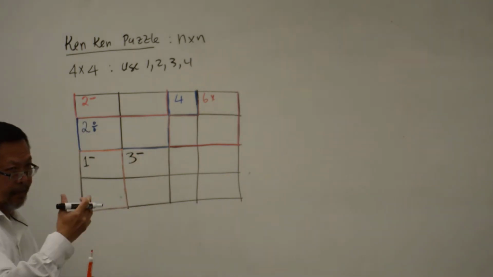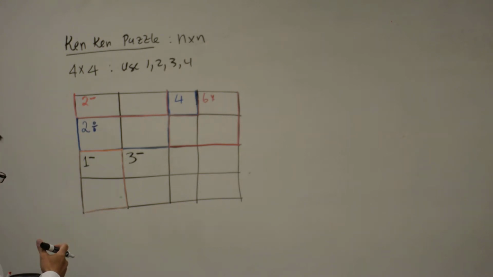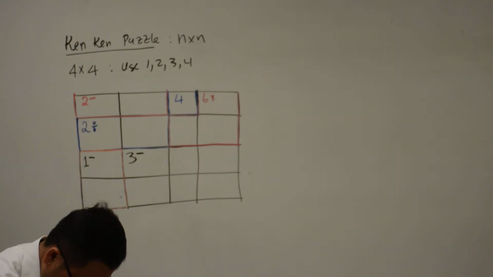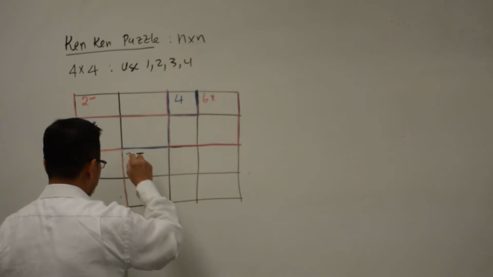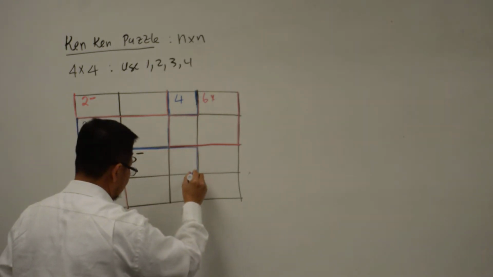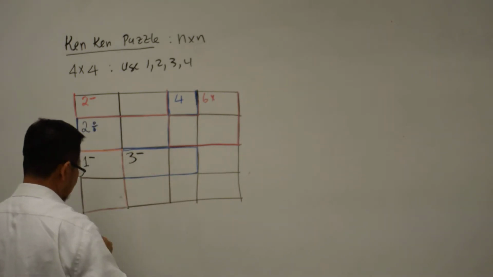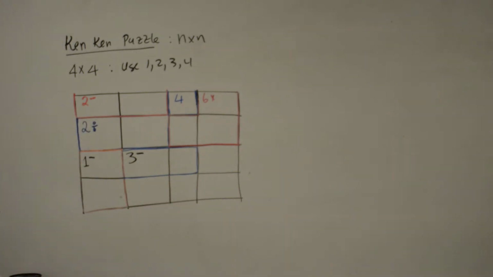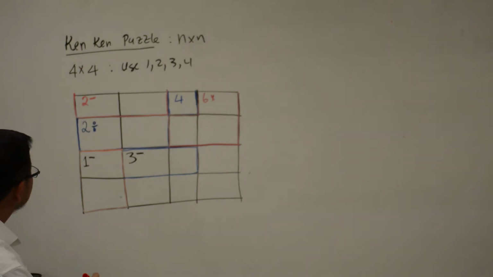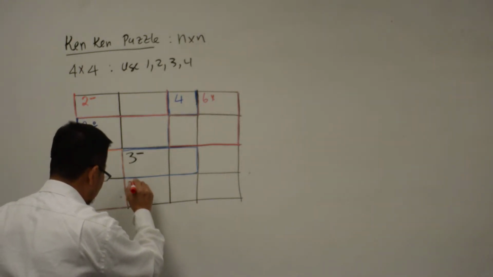So you have to find numbers from 1 to 4 that subtract to give you 3. That's the cage from here to here, that's 3. Then you have 2 divide. 2 divide here.